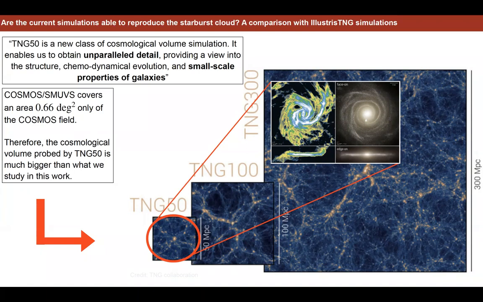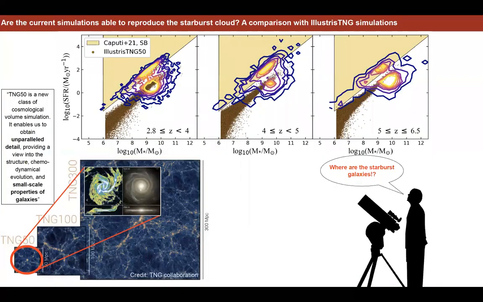So we compared our results with the Illustris galaxies, and here I show you the star formation rate stellar mass plane, where I plot the Illustris galaxies in each redshift bin, and the contour plot refers to all the sample we analyzed here, so the S2COSMOS sample plus the Lyman-alpha emitter galaxies. And as you can see here, Illustris TNG seems not able to reproduce starburst galaxies at all.